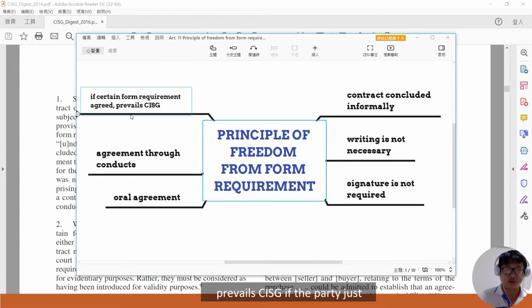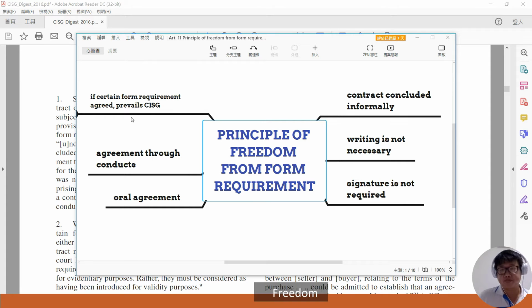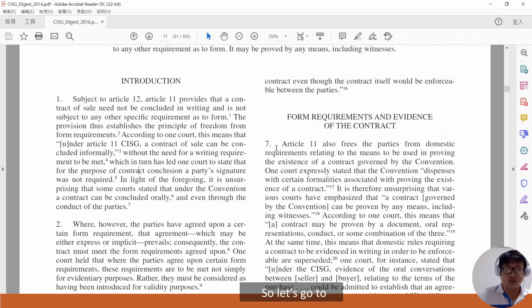If the parties explicitly or informally agree on this point, then it prevails over the CISG's form requirement freedom.